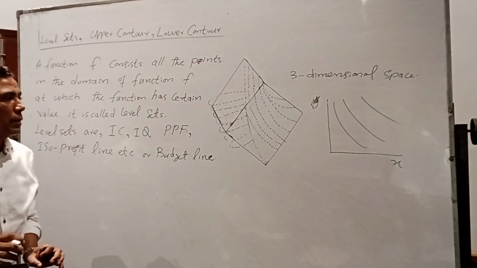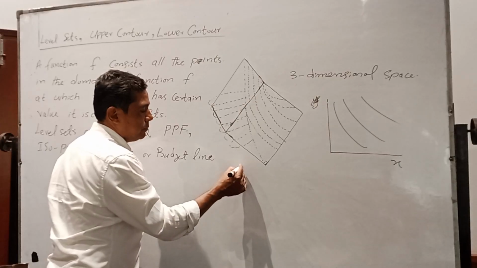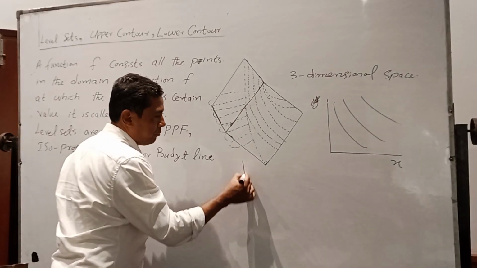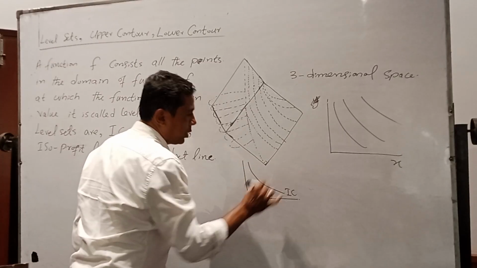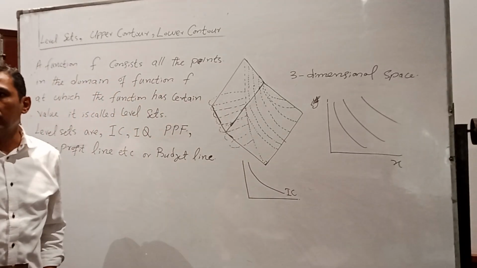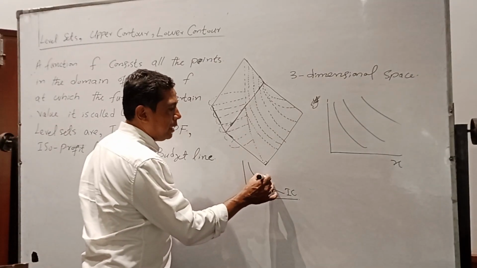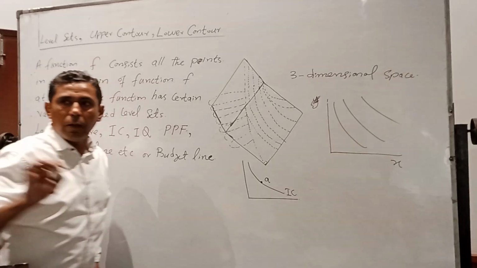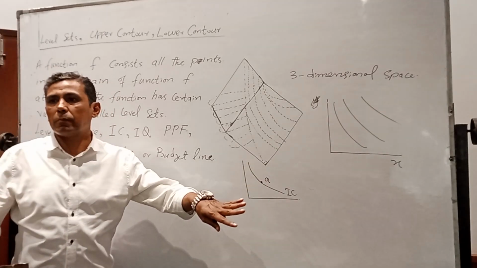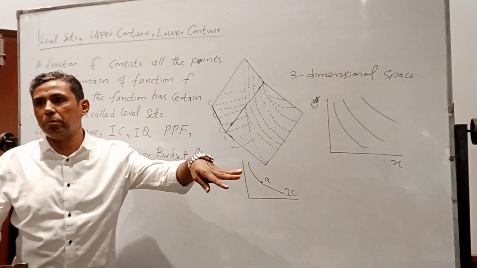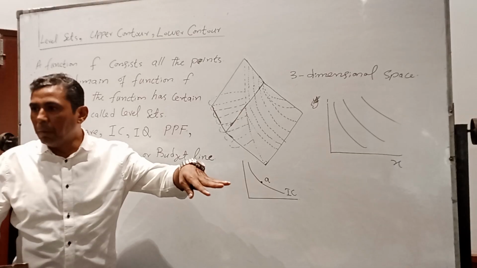For example, let's say we have this IC curve, and we select or mark any value A along this IC curve. This is our level, that is, our benchmark in basic terms, that is our benchmark to compare.